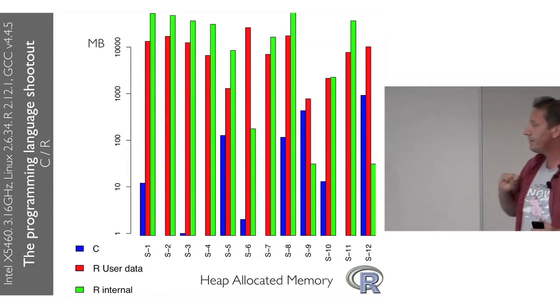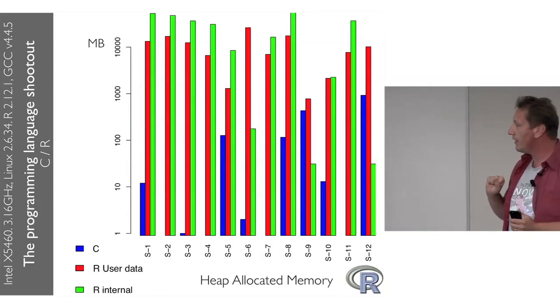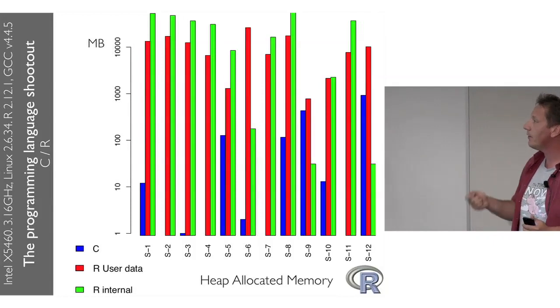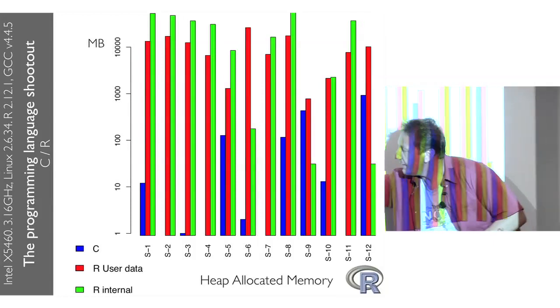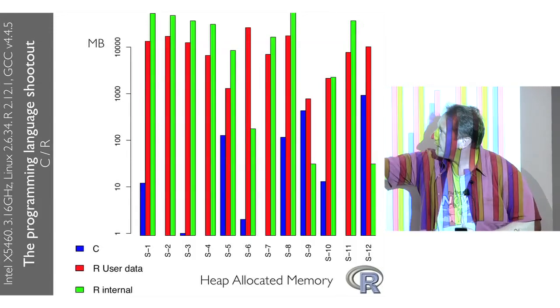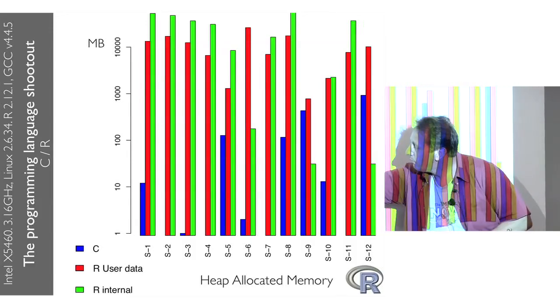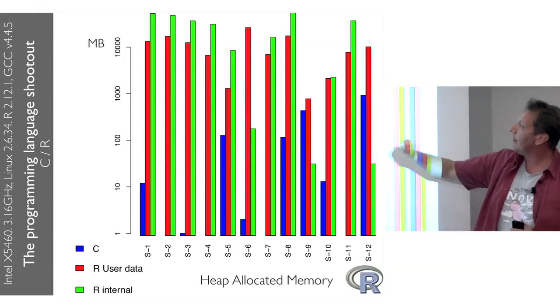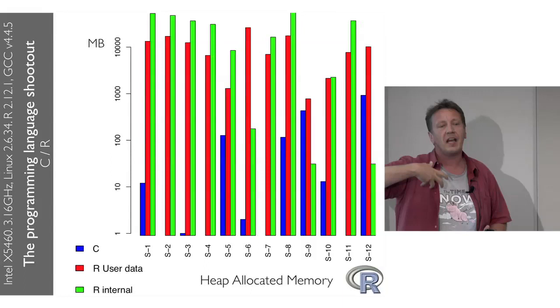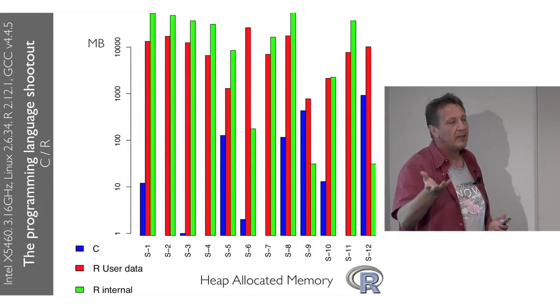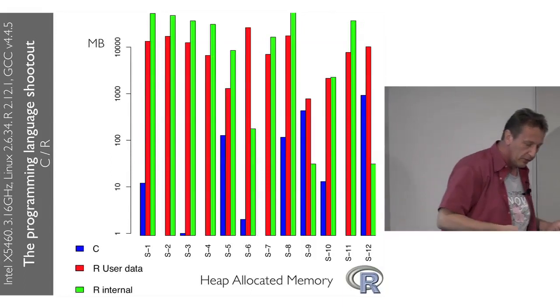Here's another one, which is fun also. This is the heap allocated memory, the memory allocated by the R interpreter. Same programs. Blue is C, on a log scale, in megabytes, and red is the payload. Red is the actual usable data that we're thinking about.